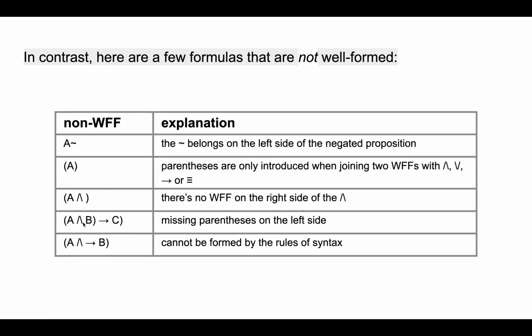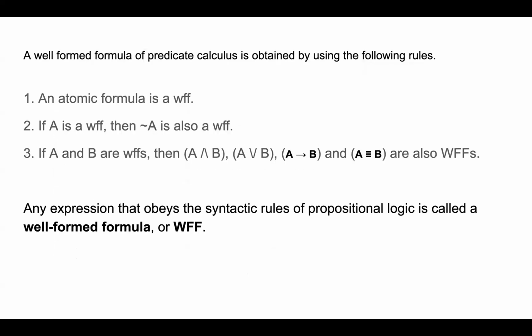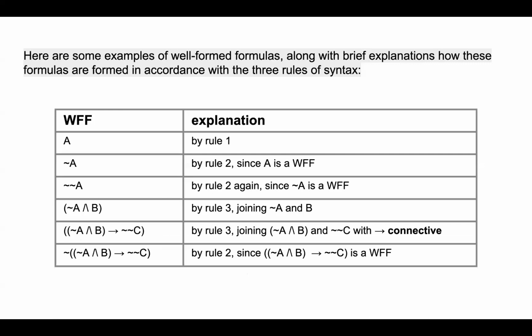Getting this one, A and B, we are in this table. Negation of negation A and B implies negation of negation C. By rule 2, again it is a well-formed formula. Why?